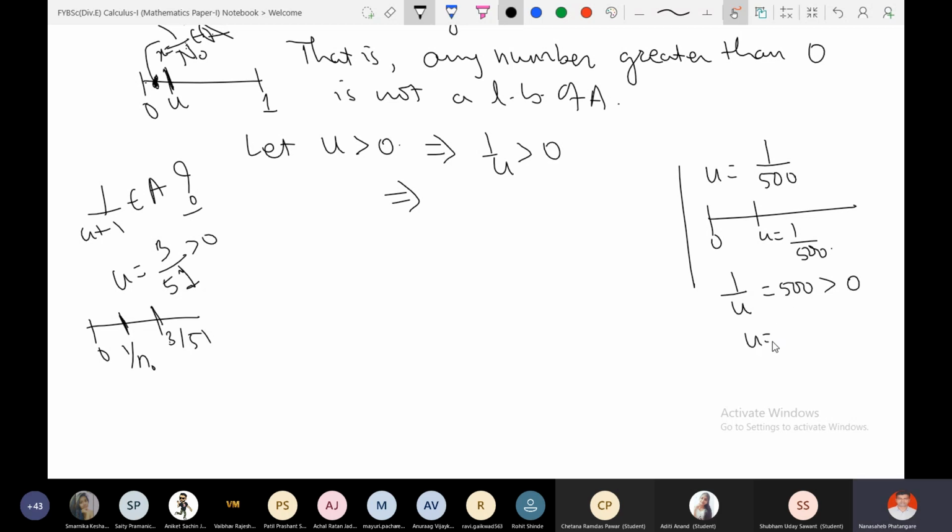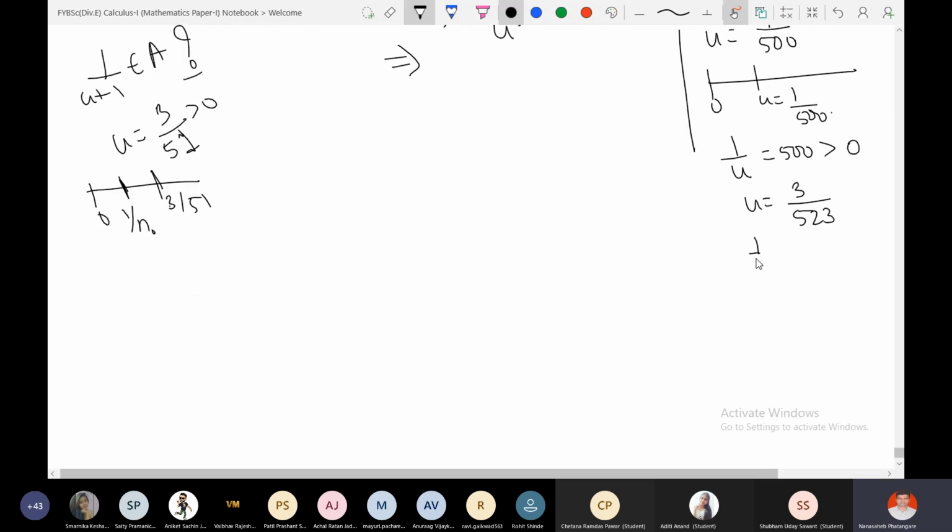But if my u is 3 upon 523, for example, then what is 1 by u? 523 divided by 3. What is this number? 174 point something, whatever it is.